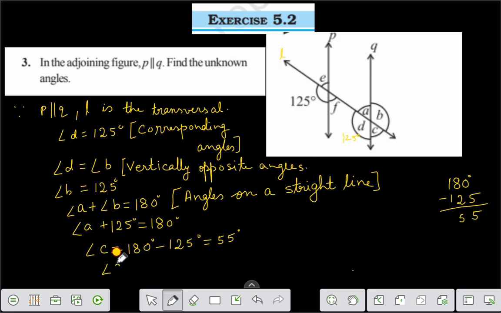Angle C is equal to 55 degree, which will be the same as angle A, because these are vertically opposite angles, right? This angle A is equal to angle C.